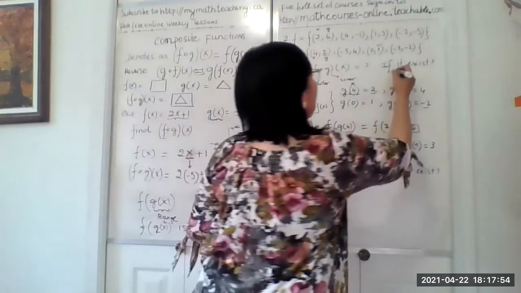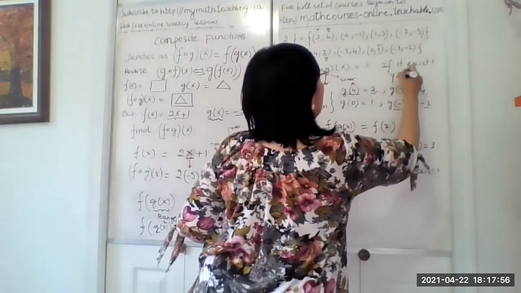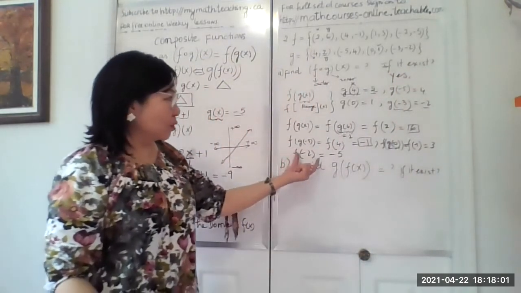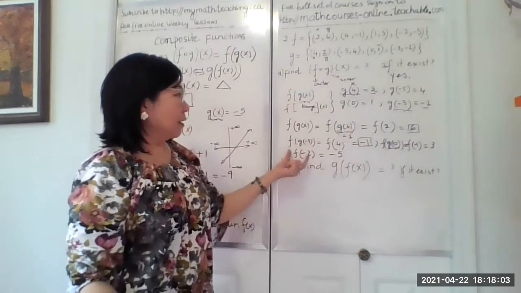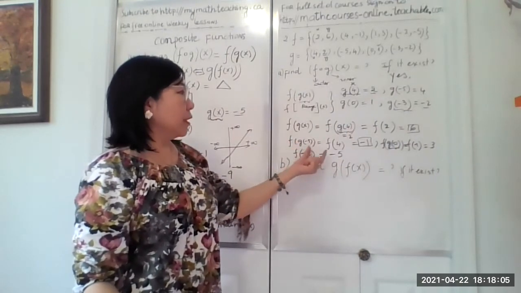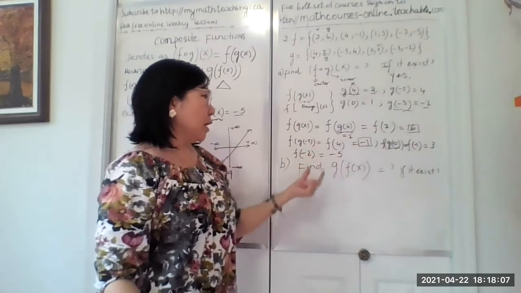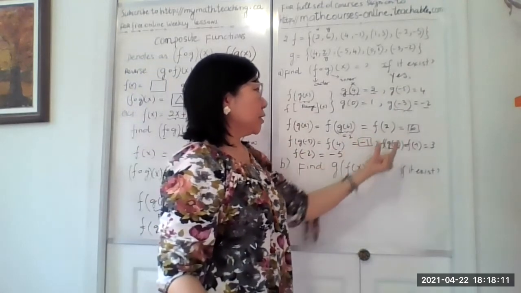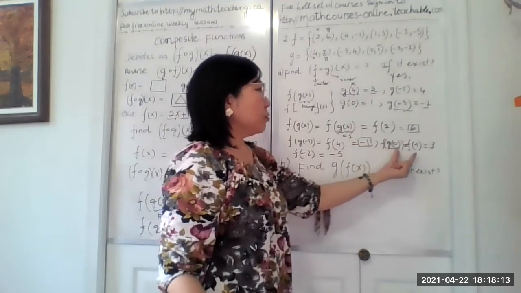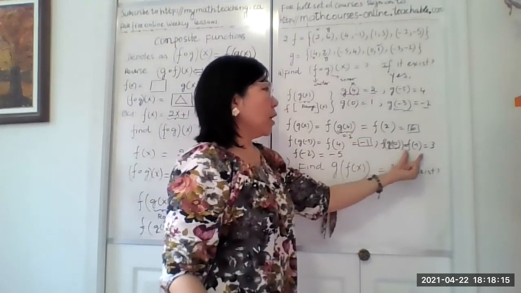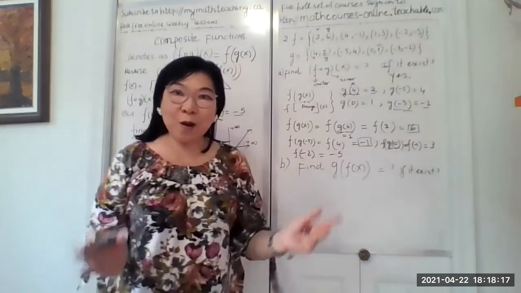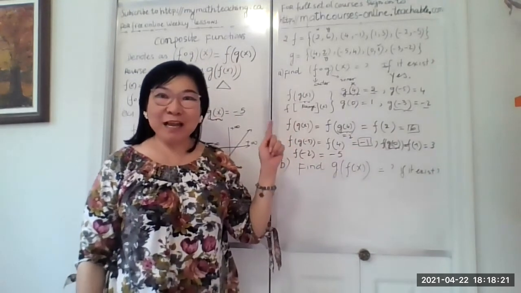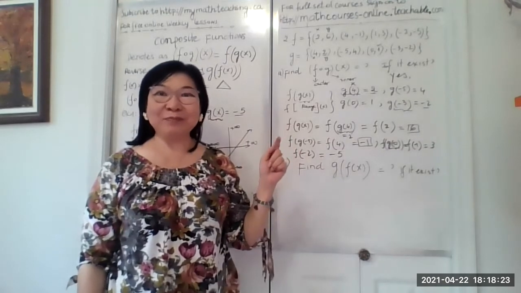If the question asks you if it exists, you will say yes, it exists, because we found all the values, right? f of g of -5 equals f of 4 equals -1. f of -2 equals -5. f of 2 equals 6. f of g of 0 equals f of 1 equals 3. So they all exist. That is how we answer the first question.